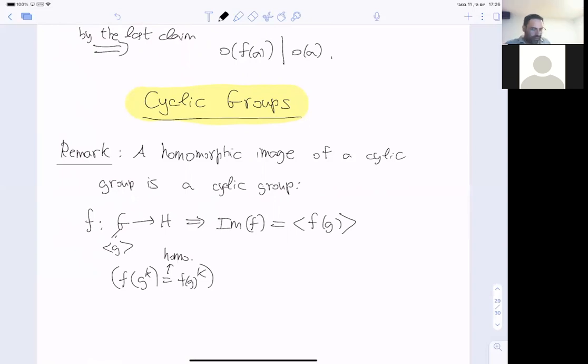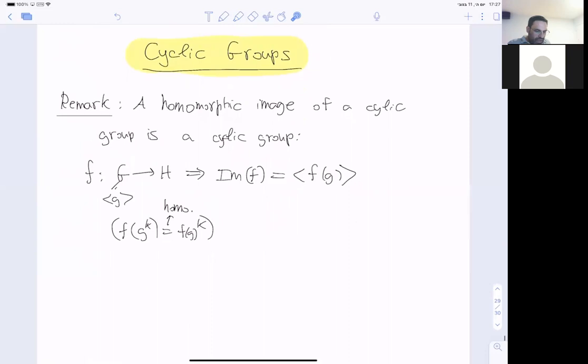I mean, a homomorphic image of a cyclic group must also be cyclic. Of course, H need not be cyclic. Maybe the image is very small inside H. We don't know.